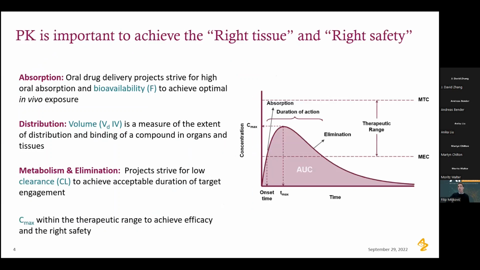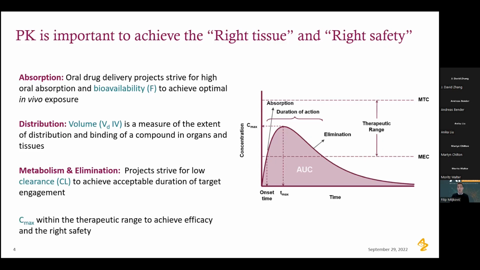So AstraZeneca has several years ago defined the 5R framework, and this 5R framework is developed as a guidance on how to develop better drugs. So this consists of the right target, the right tissue, the right safety, right patient, and right commercial.